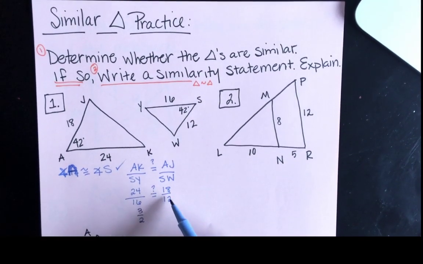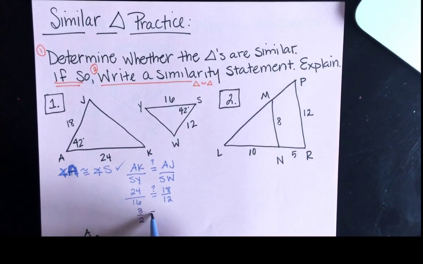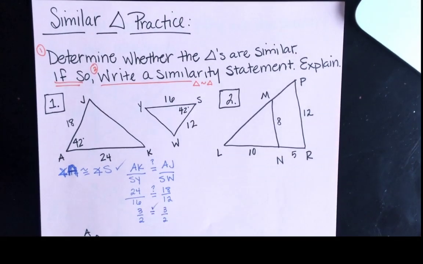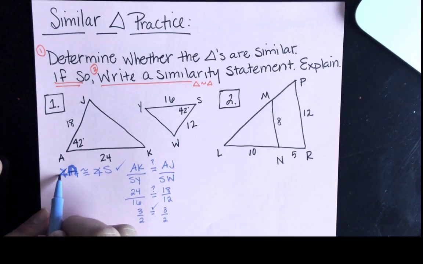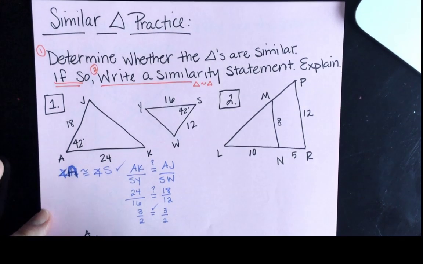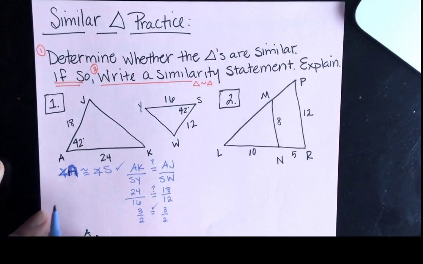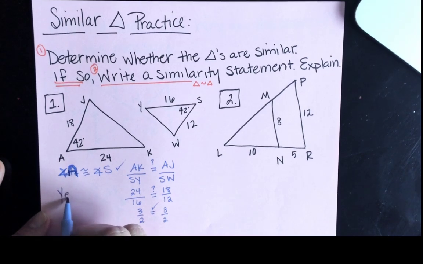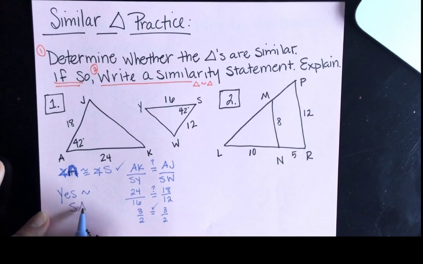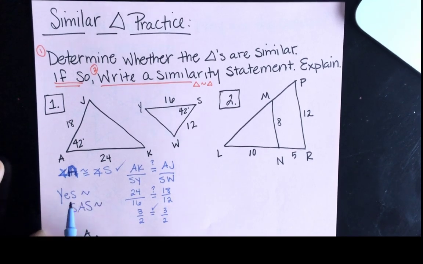If I reduce this by 6s, this reduces to 3 over 2. And now they are in proportion. So our angles are congruent, that are in between. Our sides are in proportion, so this is a yes, similar, side, angle, side similarity.